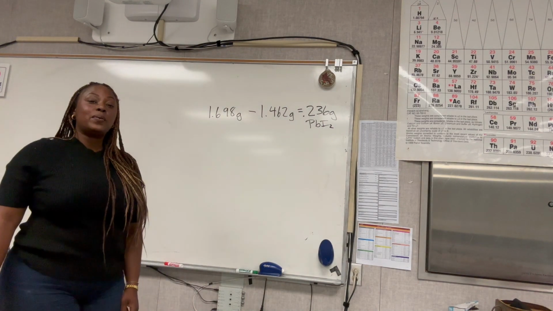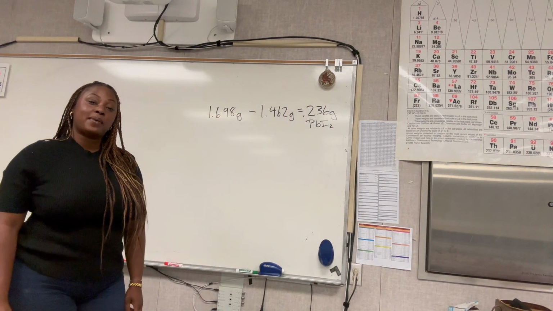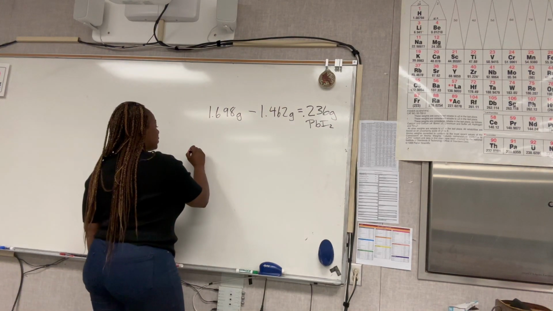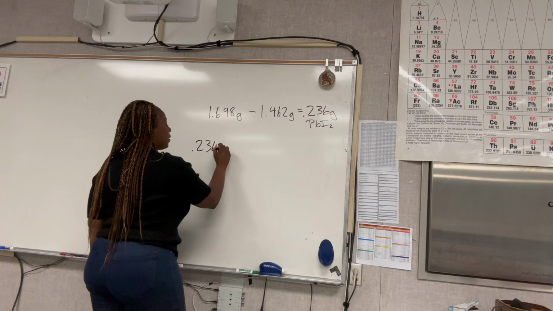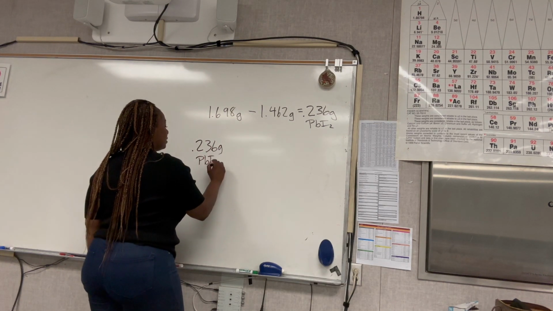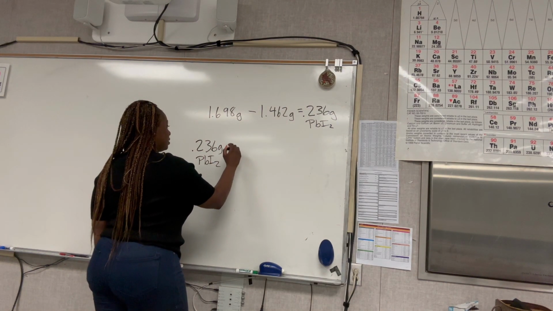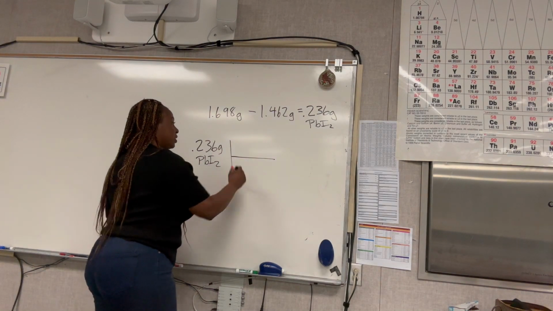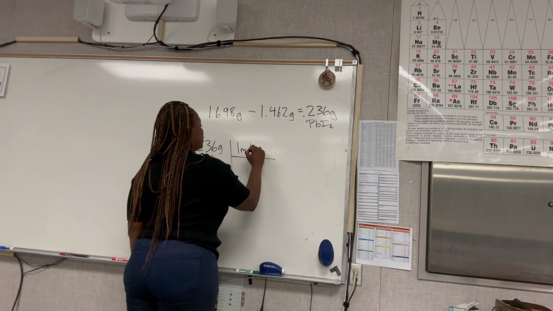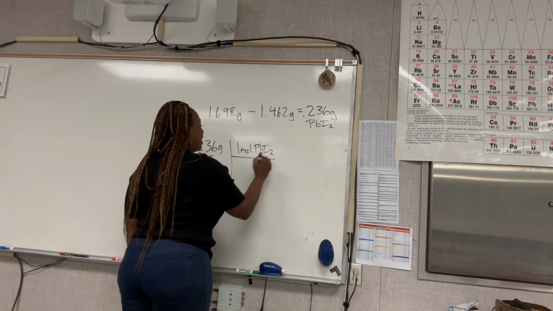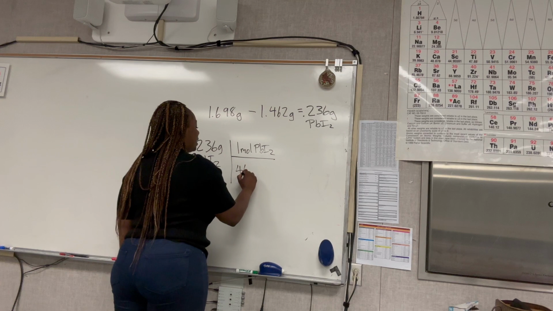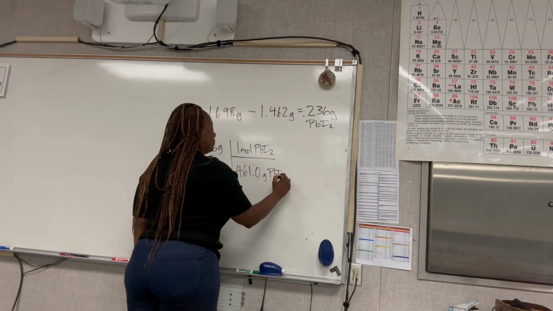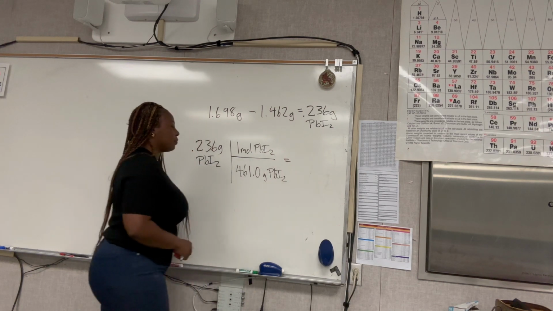So now I can use that as well as my molar mass number to go ahead and convert to moles. So I'll start with this 0.236 grams of lead iodide, and that will be converted into 1 mole of the lead iodide, using my molar mass of lead iodide as the conversion ratio.